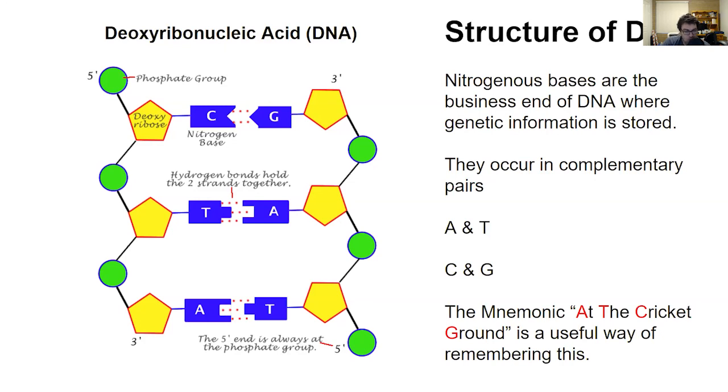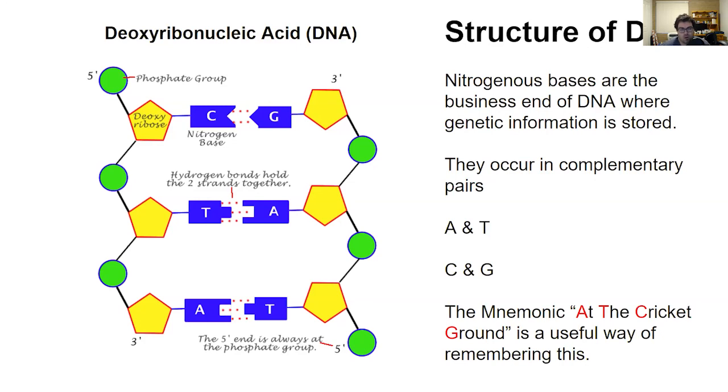And basically what causes the difference in polarity, so you have unequal sharing of electrons in those bonds, is a difference in electronegativity. Essentially, the oxygen really likes to hold onto those electrons in those bonds. We'll kind of cover more on that when we look at chemistry later in the year.